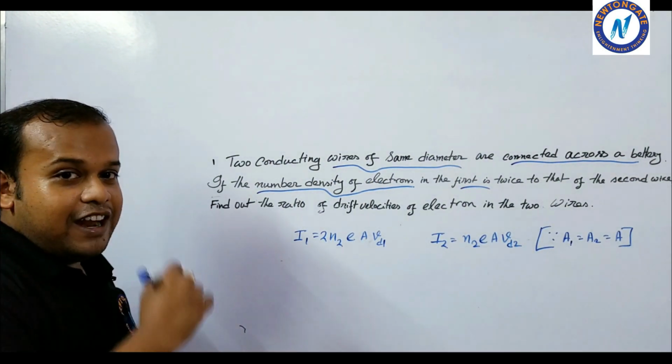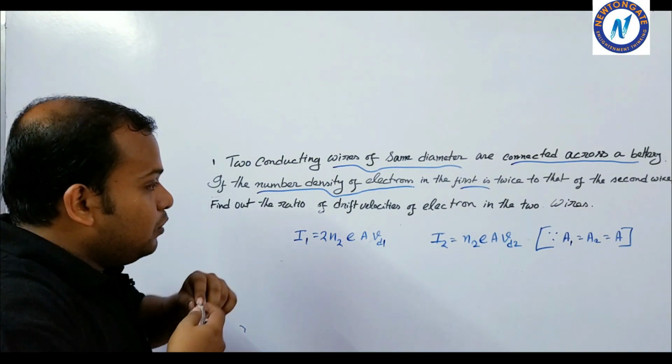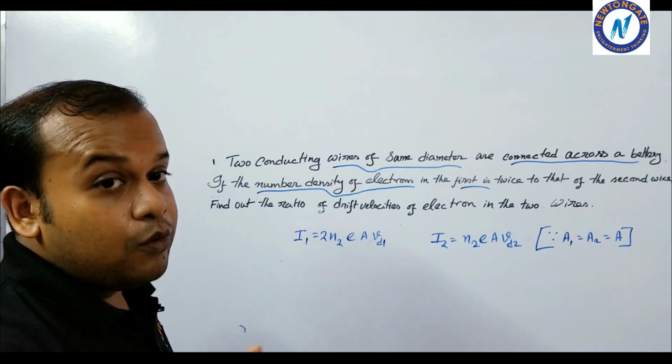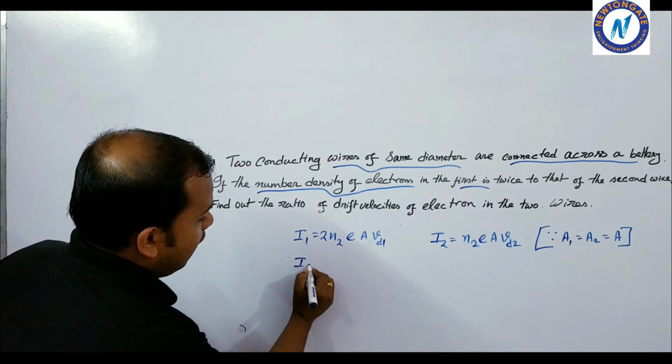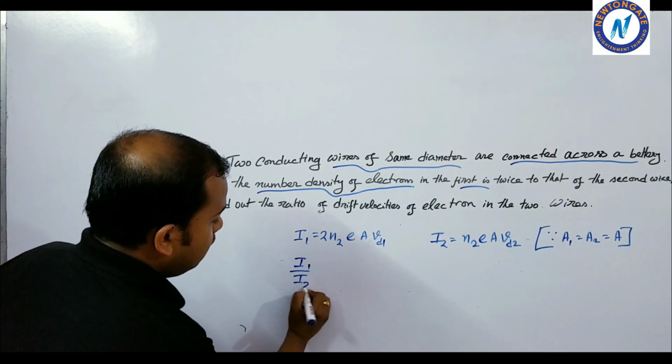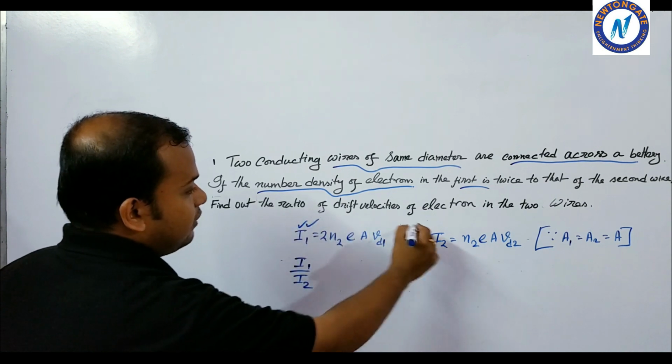Now if I try to take the ratio between these two, what will the ratio be? The ratio will be something like this: I1 by I2, that is the ratio between the respective currents.